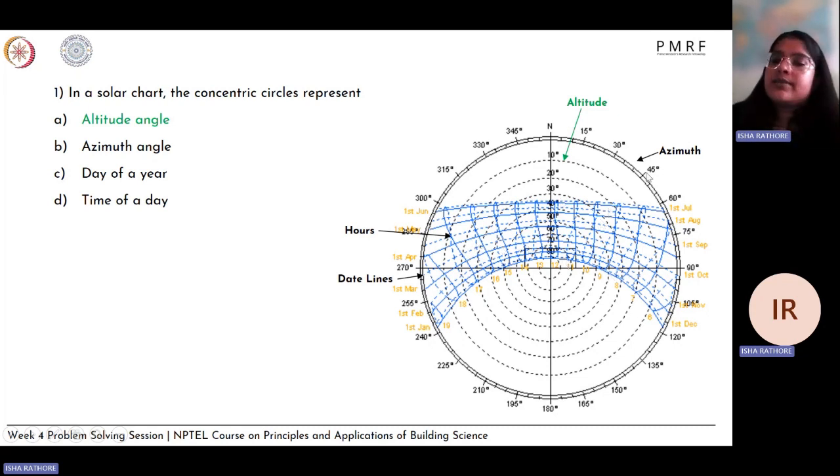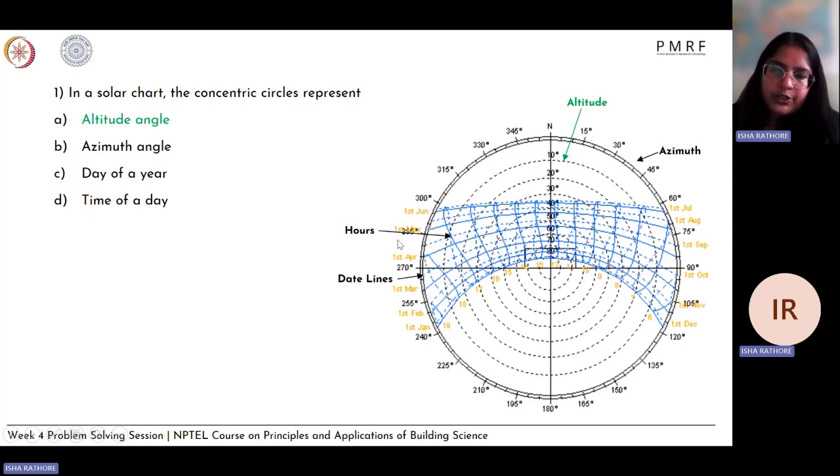Then you have the azimuth angle, which is located on the circumference of the outermost circle. This is the azimuth angle which the sun position makes with the horizon. Then you have the date lines, which are the lines on which the sun moves in the different months. You have January, February, March, April, May, June, and then July, August, September, October, November, December.